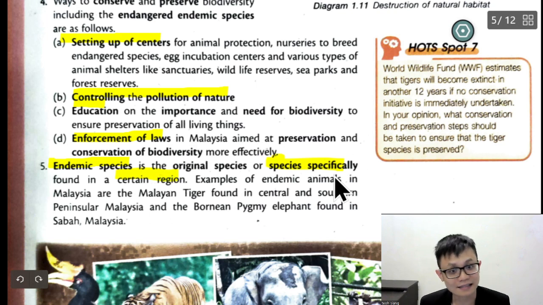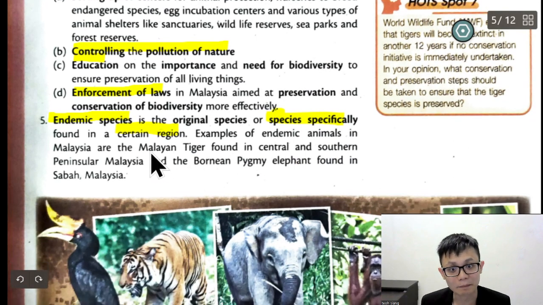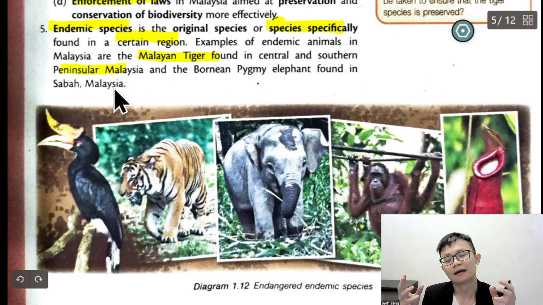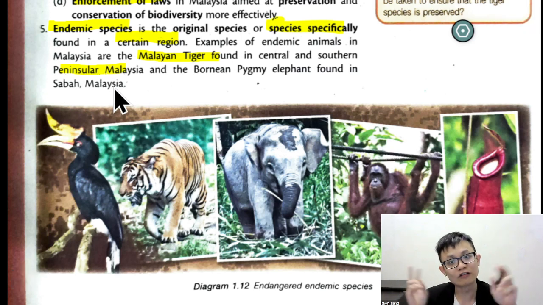So, we can see endemic species, for example, the Malayan tiger can only be found in Peninsula. So this tiger can only be found in Malaysia. Not only Malaysia, Sabah and Sarawak also don't have it. Only in Peninsula Malaysia. That's what I call a new species in terms of characteristic. Not like a lion becoming a tiger becoming a dinosaur.